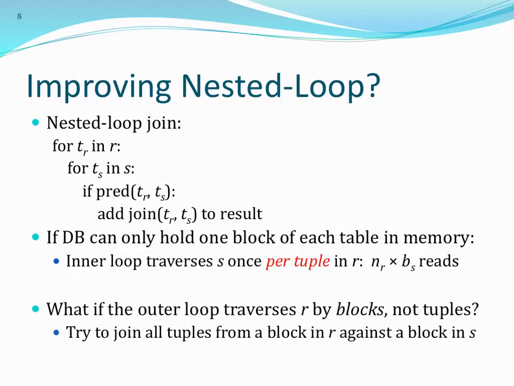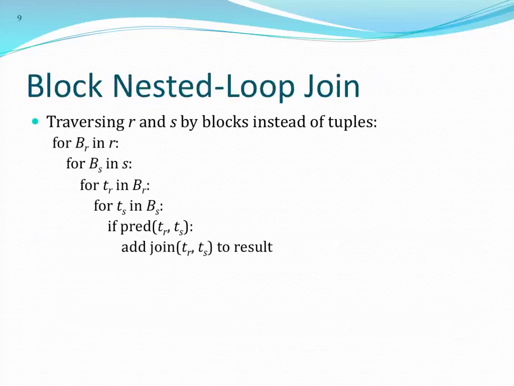So what we do is, again, this is one of the few bizarre situations where adding more loops makes it faster. It's not common that you have that kind of situation in programming, but frequently when you're working with blocks of data, it does. So we'll try to join all the tuples from a block of R against all the tuples from a block of S. So this is block nested loop.